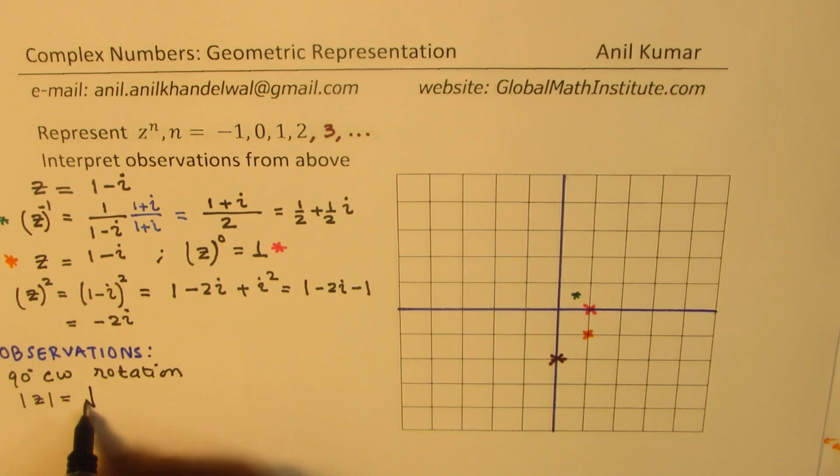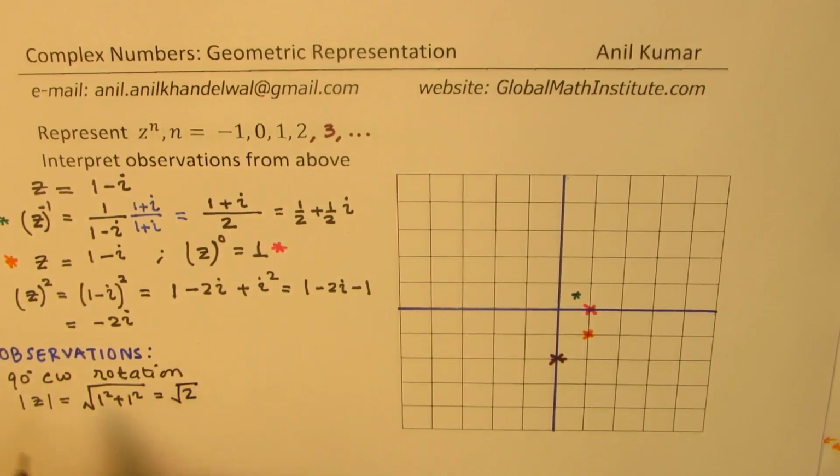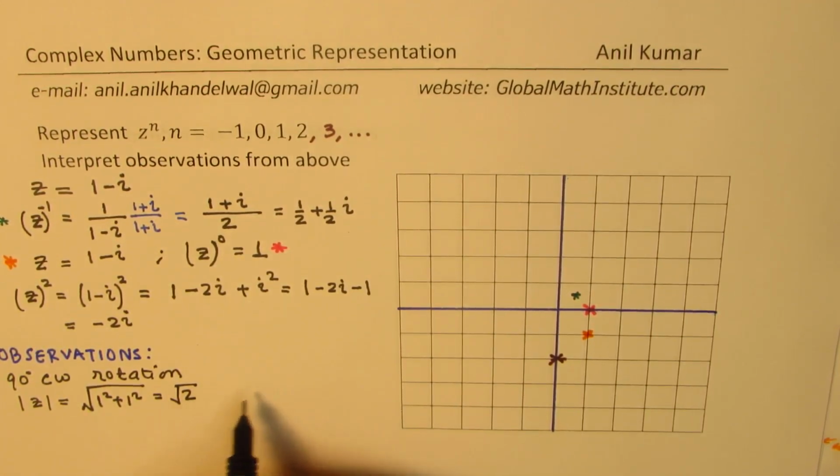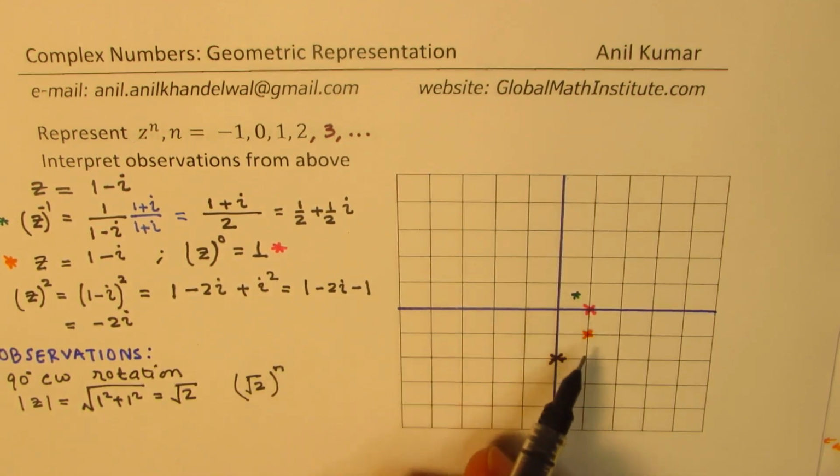Let's write down. So magnitude is square root of 1 squared plus 1 squared, which is equal to square root of 2. So what we observe here is that the powers are square root 2 to the power of n as we move along this particular path, right?